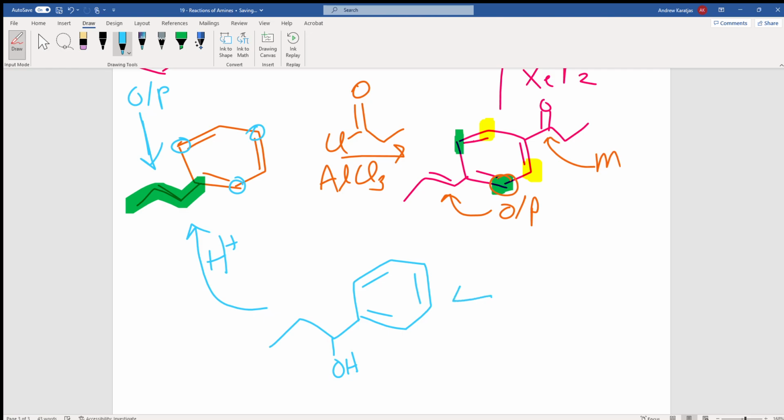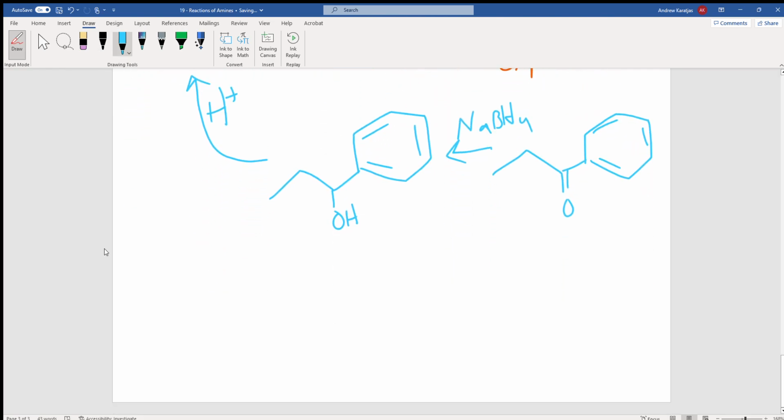We can make the alcohol from reduction of the carbonyl using sodium borohydride. And finally, we can make that carbonyl starting from benzene using a second Friedel-Crafts acylation.